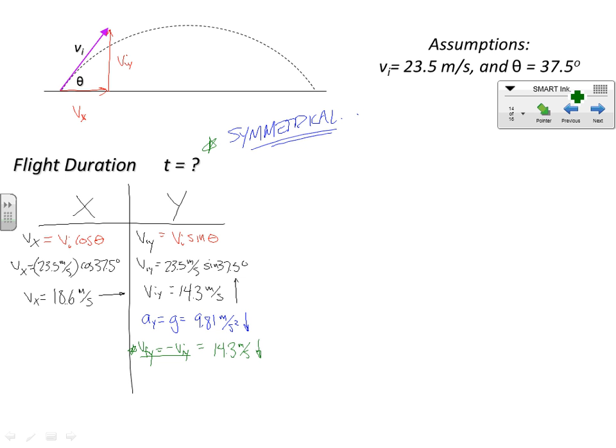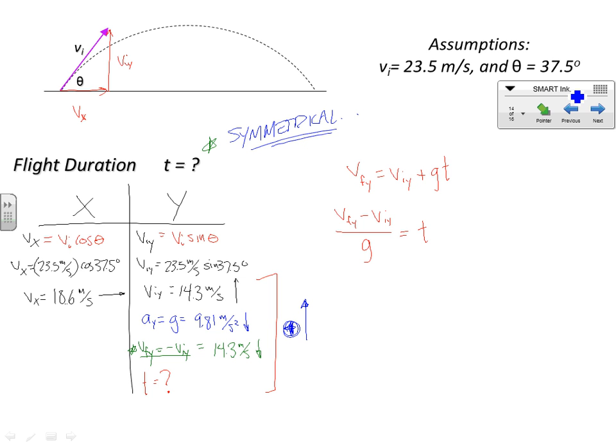Okay? If I want to find T now, I can. I have enough information. I can use this stuff, put it in one equation, and say that VFY is VIY plus GT. Or VFY minus VIY equals GT, so we get this. Now I'm going to say, sure, let's call positive stuff upward.